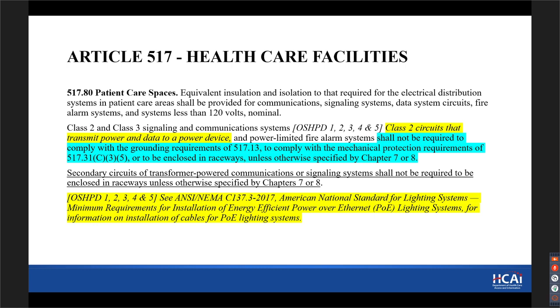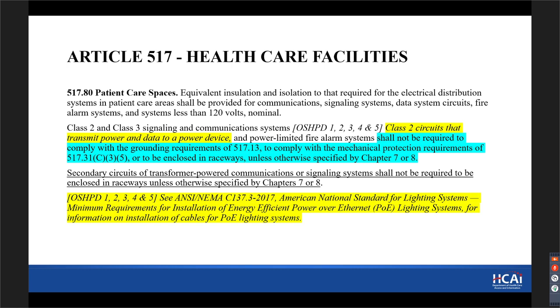So can you read the question again? Yes, of course. You mentioned PoE lighting when you reviewed 517.80. Would you confirm that 517.80 also applies to DC low voltage lighting that is not PoE?